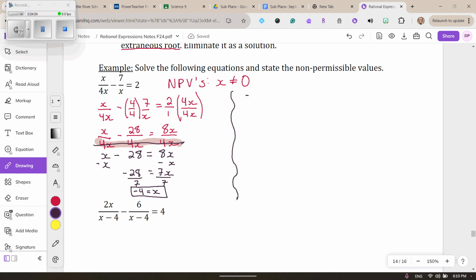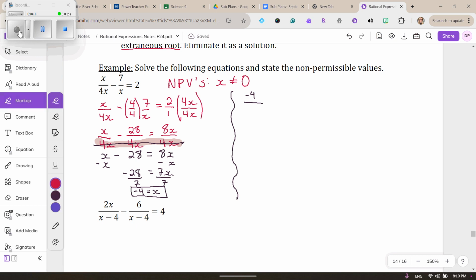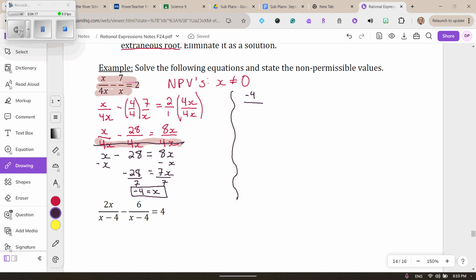So how do you check your answer? First, you sub the negative 4 back into your original equation. So here's my original equation. I take negative 4 and I put it in anytime I see an x. Make sure you put it in brackets.